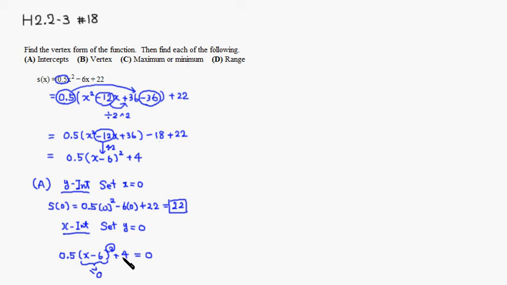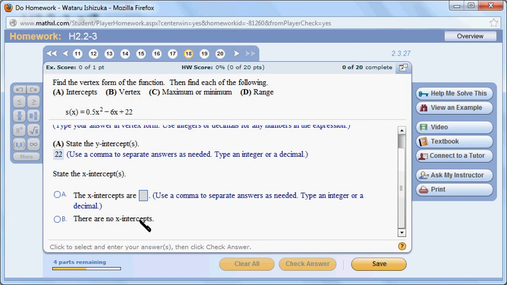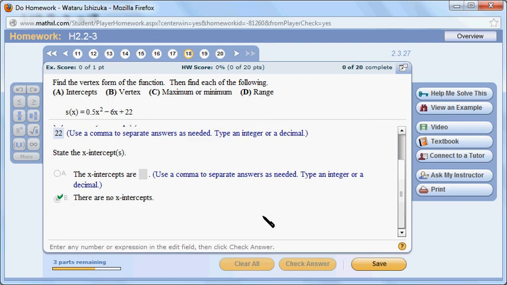Then you're adding plus 4 to it, which means that this is at least 4, so it never becomes 0. It's just simply too big. So this is actually never equal to 0, which means that there is no x-intercept. So let's go back and put that in. There are no x-intercepts. Let's check that. All right, we got that correctly.